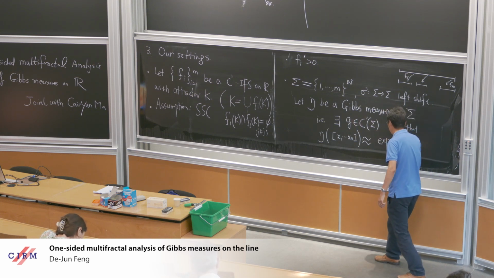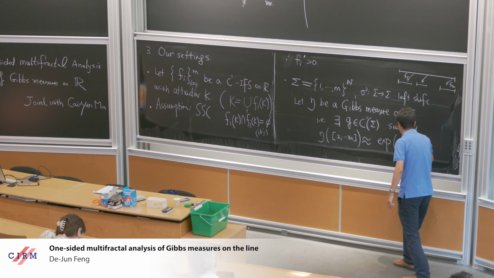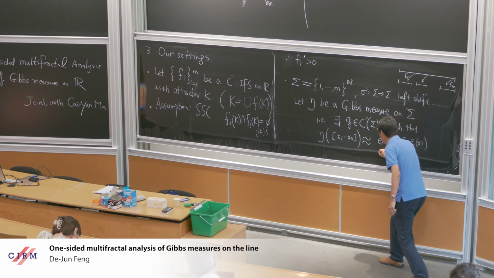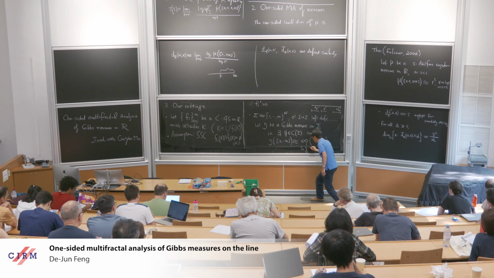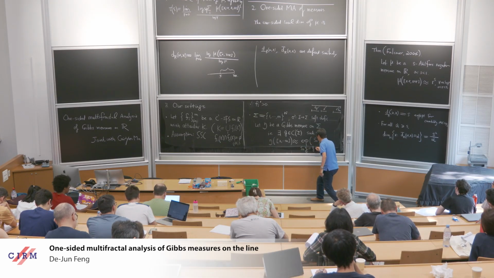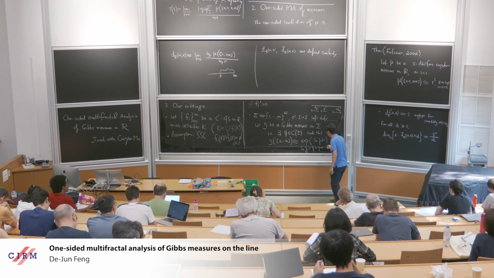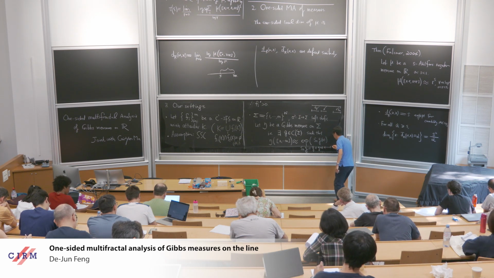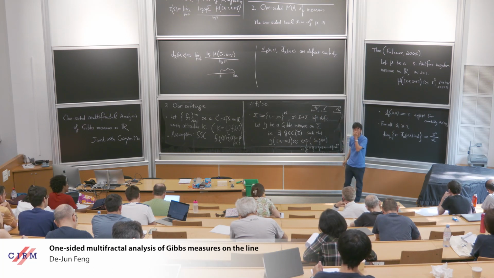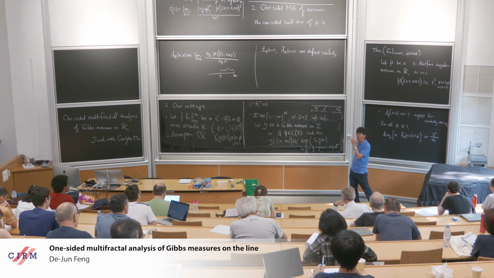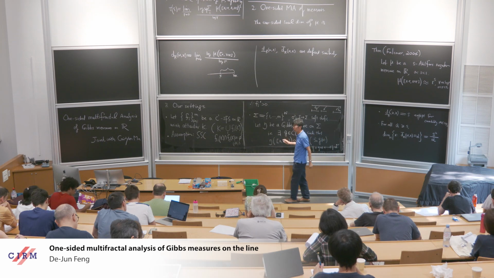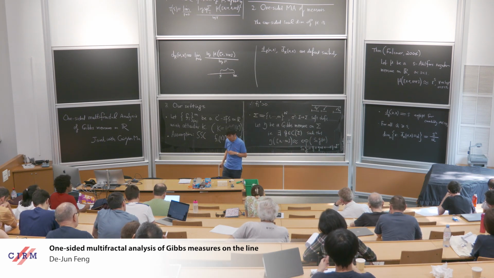So it's an exponential of S_n g(x), where S_n g is a Birkhoff sum: g plus g composed with sigma, up to g composed with sigma to the n minus 1. Okay. So that's a Gibbs measure on the symbolic space.